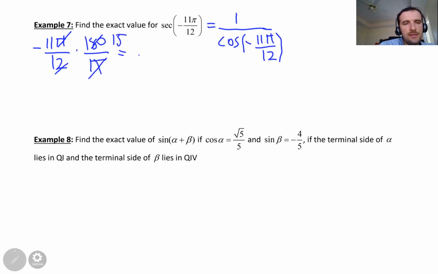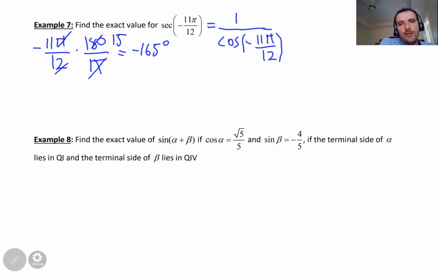So it is... wait, it is not negative 330. Sorry, it's negative 165 degrees.